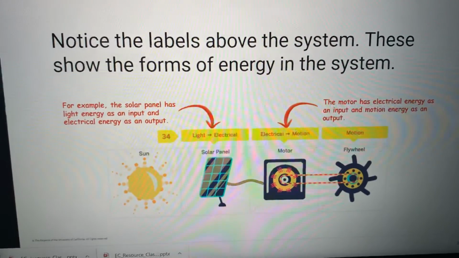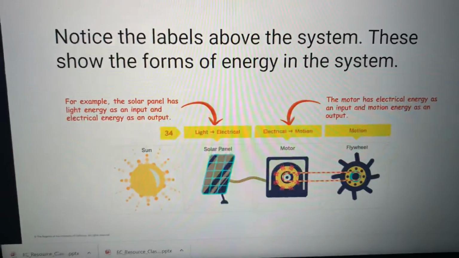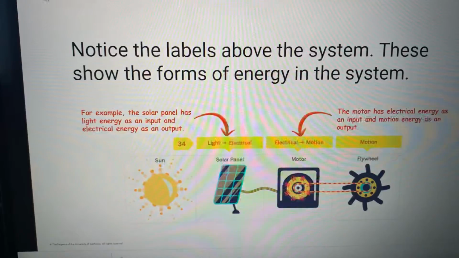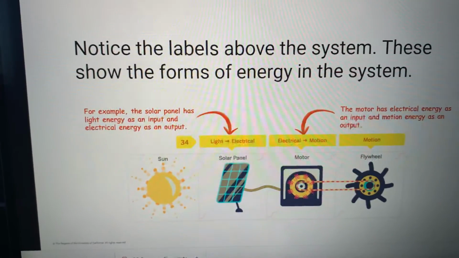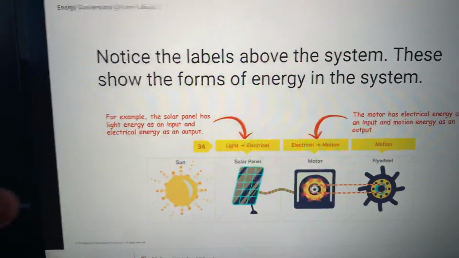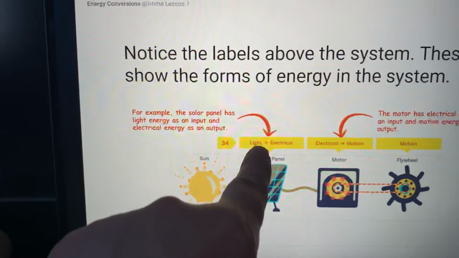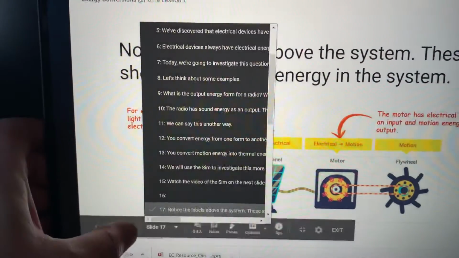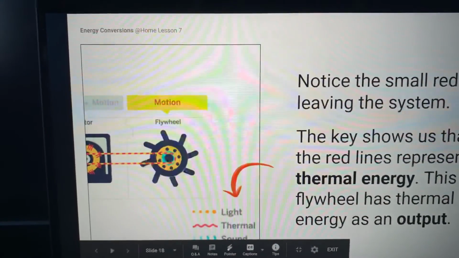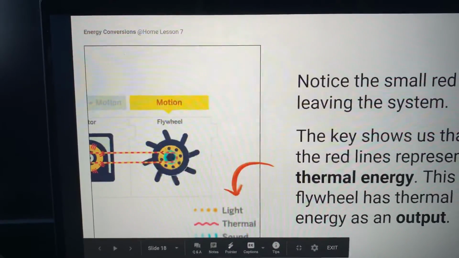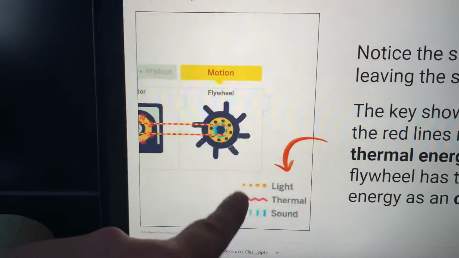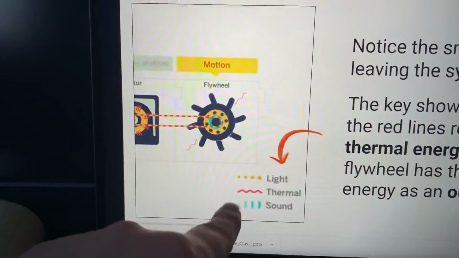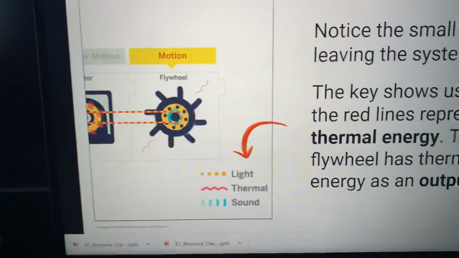For example, the solar panel has light energy as an input and electrical energy as an output. The motor has electrical energy as an input and motion energy as an output. Input, output, input, output. So notice the small red lines leaving the system. This is your key. These dots are light, the wave is thermal, and the little sound bars indicate sound.